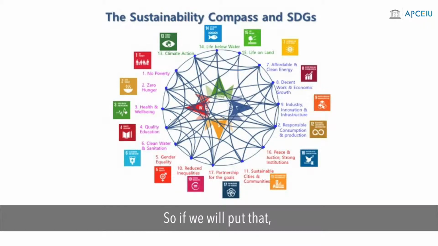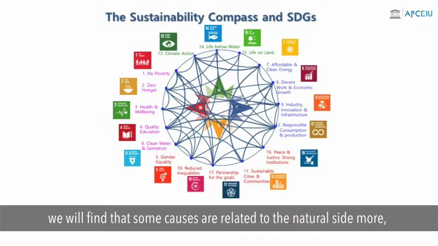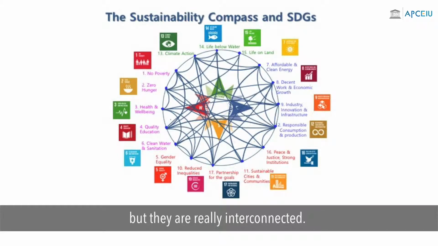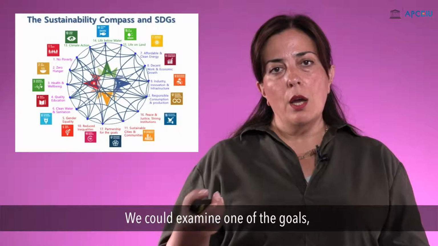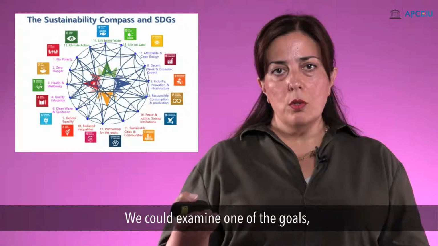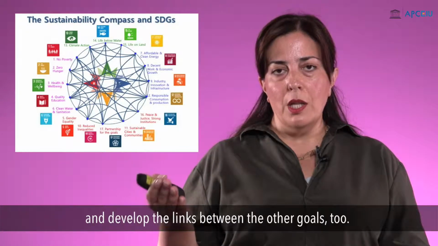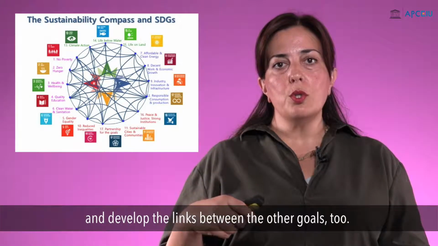If we put that, we will find that some goals relate more to the natural side and some to the social, economic and well-being part, but they are really interconnected. We could examine one of the goals, and you could do that further if you want and develop the links between the other goals too.